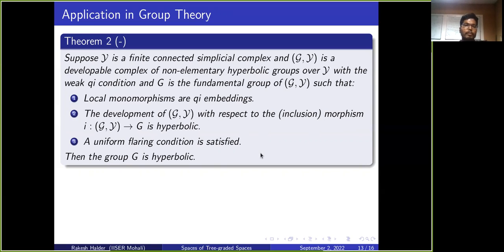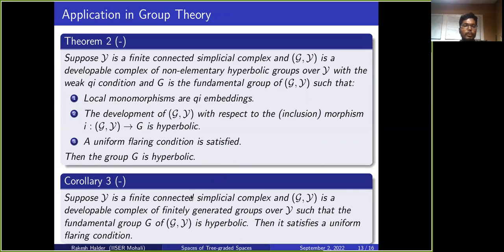Then G is hyperbolic. And as a corollary of that proposition, we have this: suppose this is a developable complex of finitely generated groups over a finite connected simplicial complex Y, such that the fundamental group G of this complex of groups is hyperbolic, then it satisfies a uniform flaring.